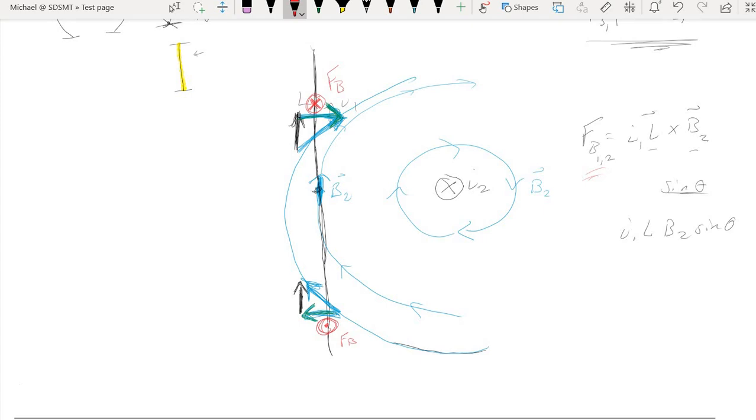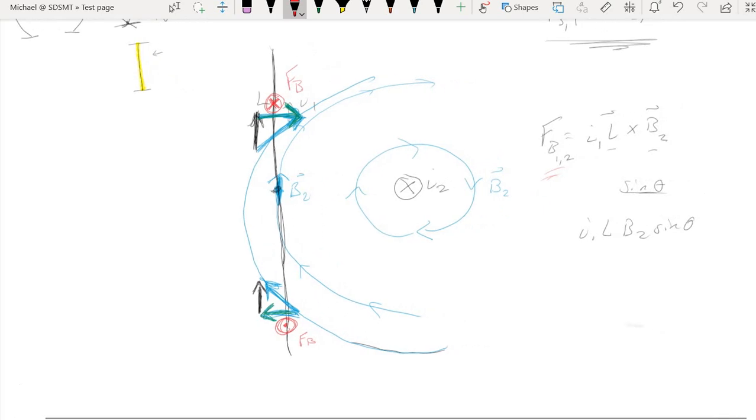So it turns out that wire 1 is not just experiencing one force from wire 2, it's experiencing two forces. And those forces are effectively twisting wire 1. Half of wire 1 is being pulled out of the page, the other half of wire 1 is going to be pushed into the page.